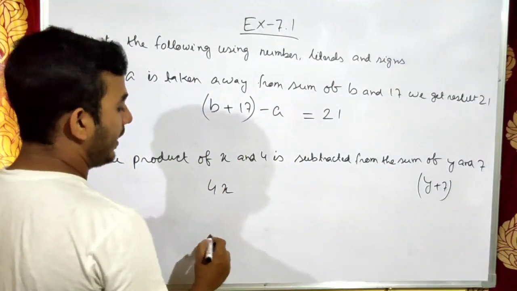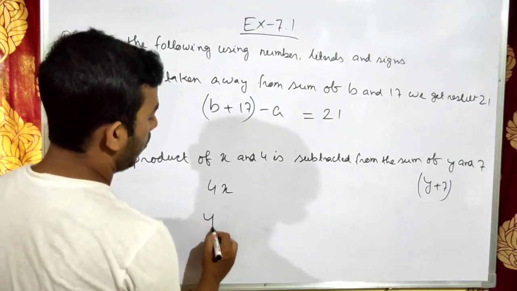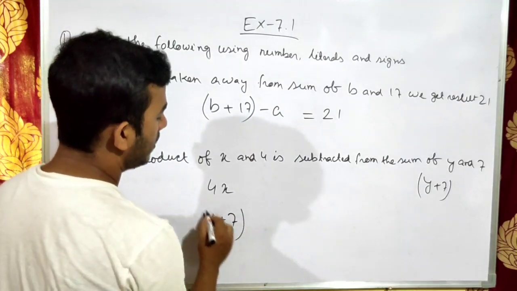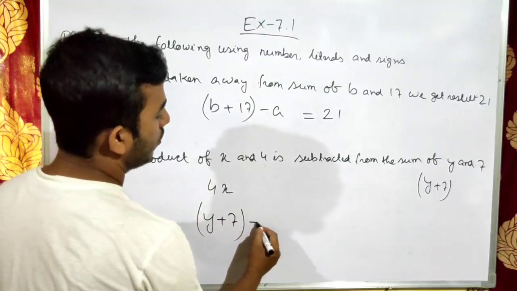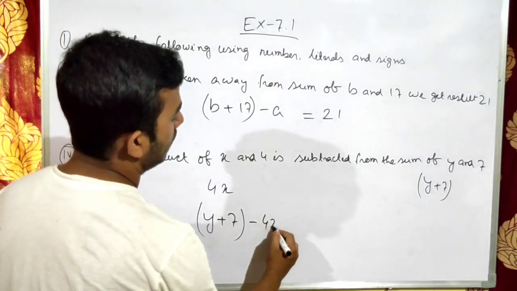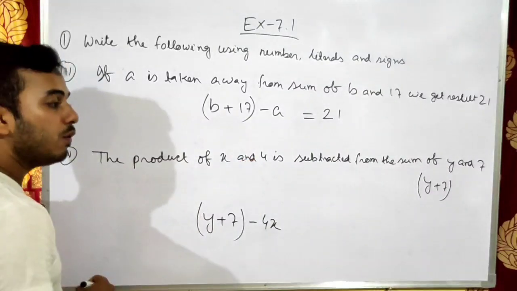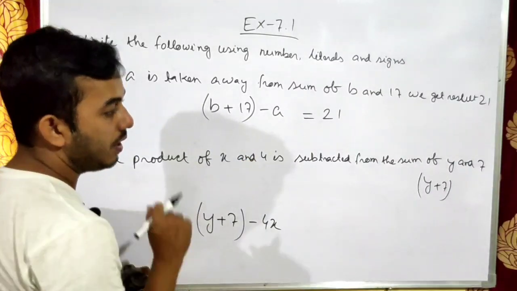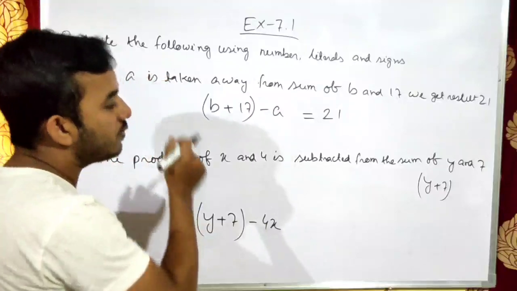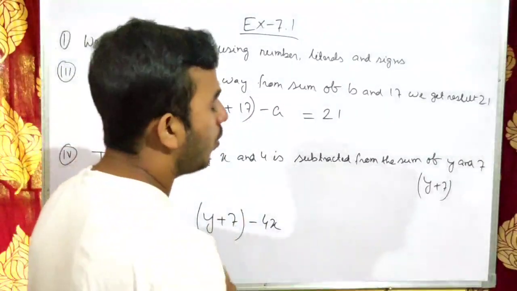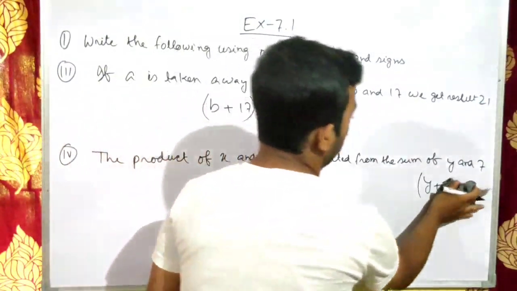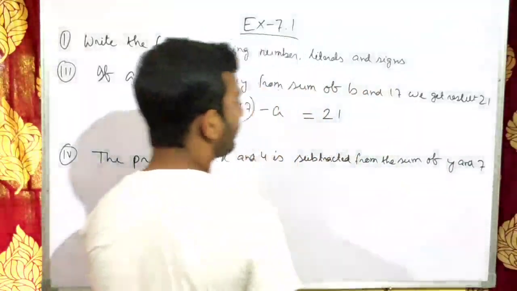We can write it like this: y plus 7 minus 4x. So 4x is subtracted from y plus 7. I hope you have understood.